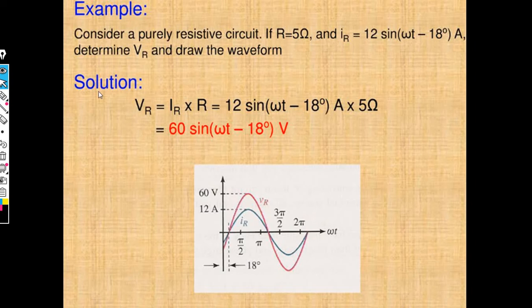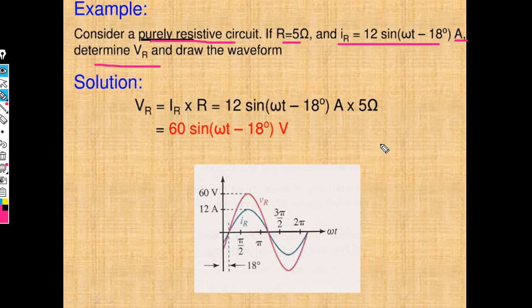In a purely resistive circuit, resistance R is 5 ohm, and the current equation is given as IR equal to 12 sin(omega t minus 18) measured in ampere. Here we need to determine the voltage.